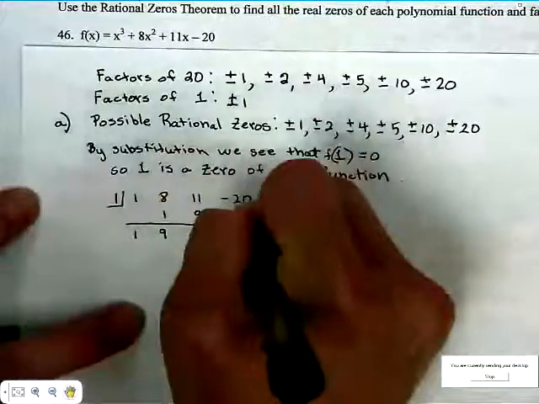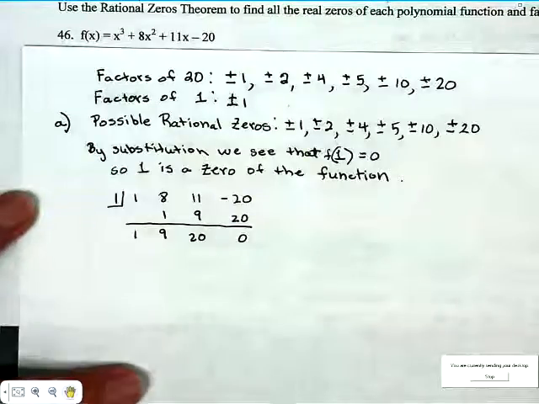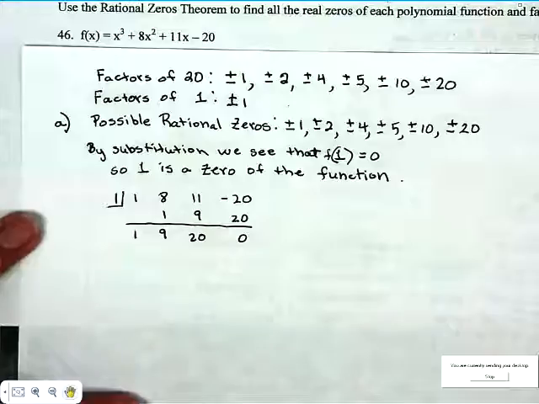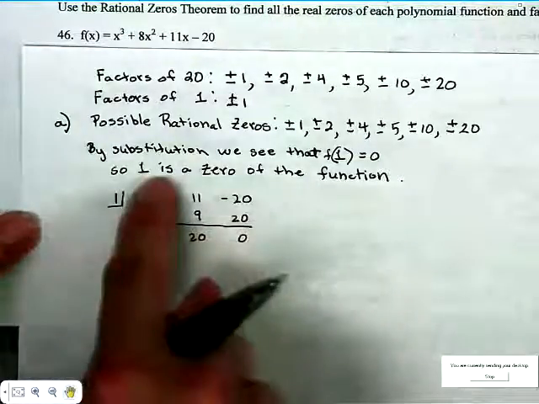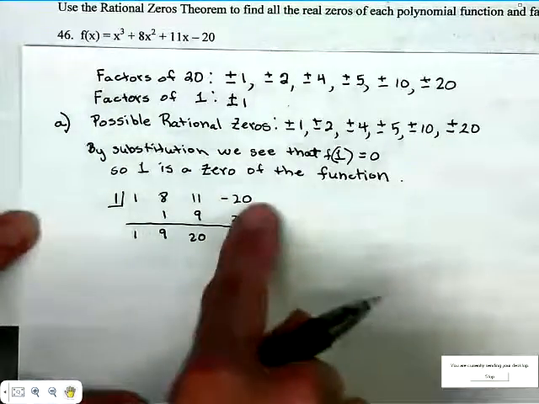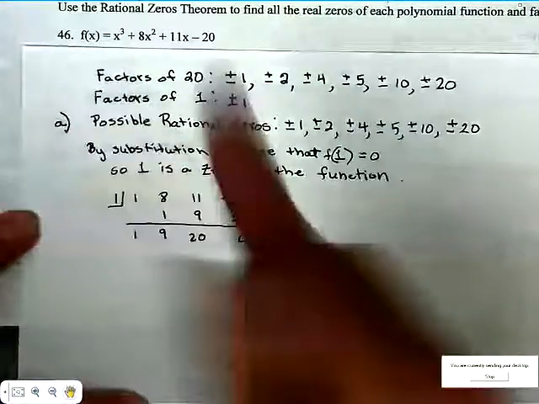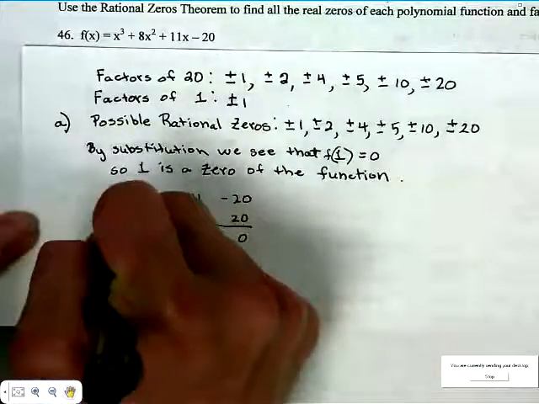Oh, I get 0, which not only confirms what I thought, that 1 is a zero of the function, but it also allows me to factor the function, which is the B part.